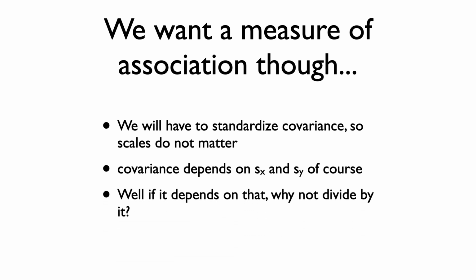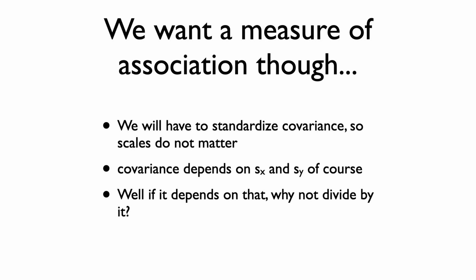So if it depends on that, we just divide by that. That's what we always do. We want to standardize something. Think about what we did for Z scores. We wanted things in standard deviation units, so we divided by standard deviation. We're doing the same thing here, except we're going to divide by the product of the two standard deviations. So we're going to divide by S sub x times S sub y. I hope so, because that's what I just said, so I'm pretty sure I'm right.